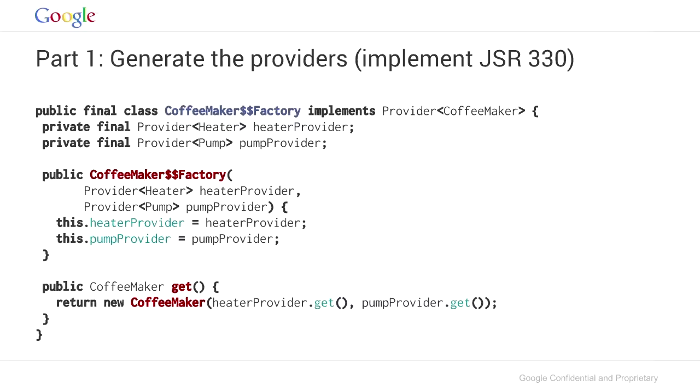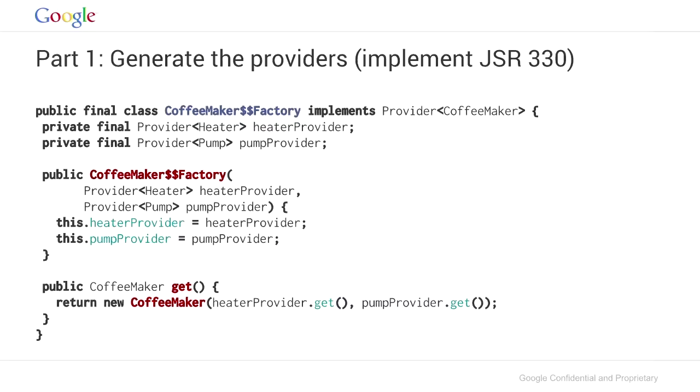So CoffeeMaker$$Factory basically does exactly what we wanted to do in that original main method, but instead of asking for new instances, it just asks for the provider of a heater and the provider of the pump. It knows exactly one link in the graph. It says, in order to make a coffee maker, I need a heater, I need a pump.